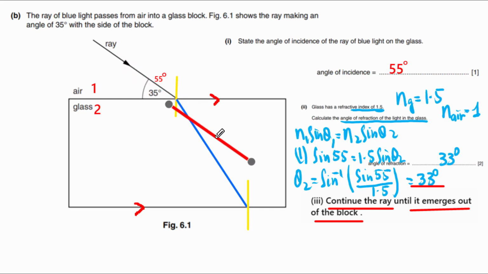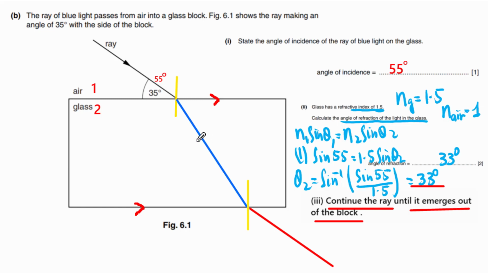So we can take our incident ray from here and place it here. This is our emergent ray. Incident ray and emergent ray must have the same angle from the normal and they have to be parallel. That's all we need to do for this question.